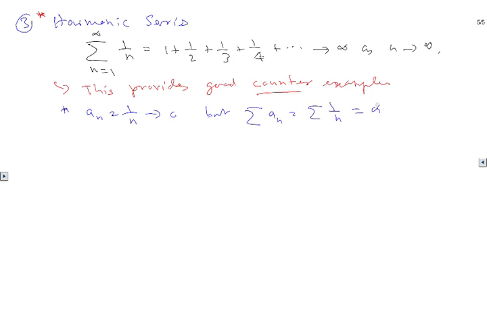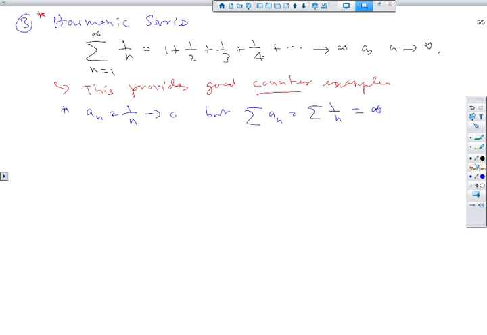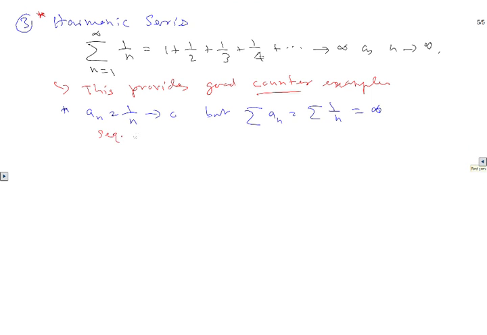So this is one situation where the sequence converges and the series diverges.